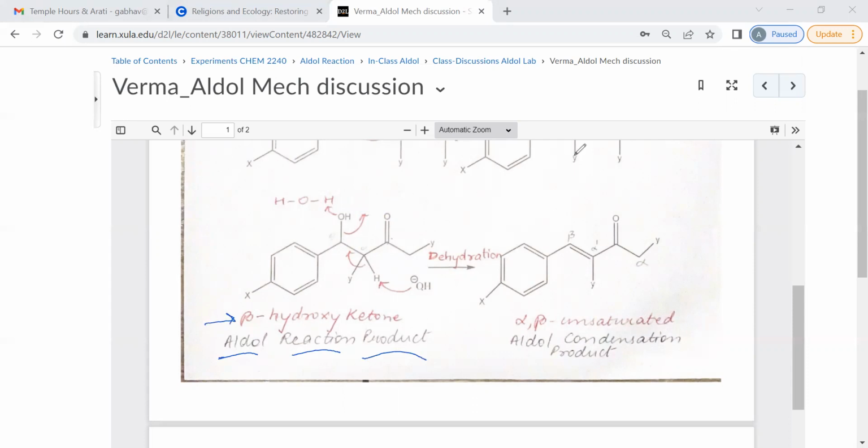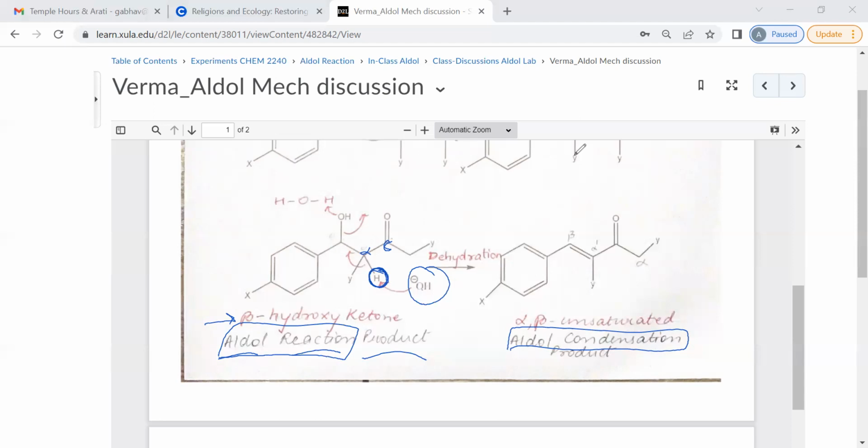So what is the difference between an aldol reaction and the aldol condensation? When you have aldol condensation, then we have a dehydration. So in the presence of a strong base, like sodium hydroxide, the carbonyl's alpha carbon, if there is a hydrogen present here, will be abstracted because this hydrogen is still acidic, more acidic.